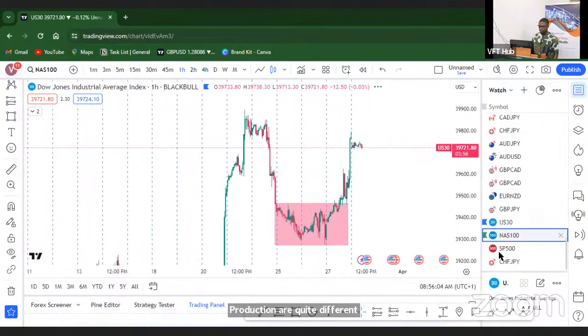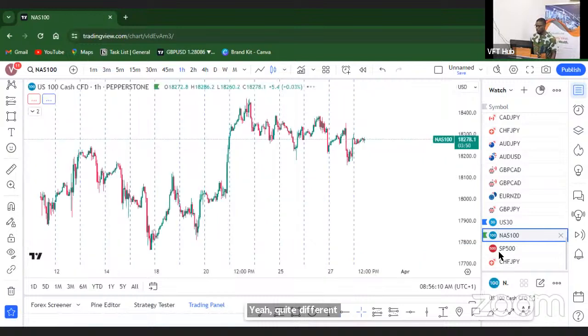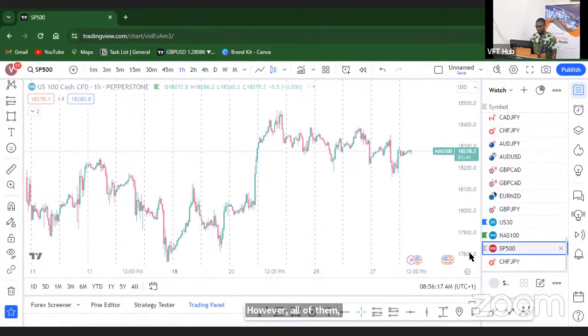They're quite different. However, all of their price action is not the same, but US30 and S&P 500 have almost 70, 80% correlation in terms of price movement.